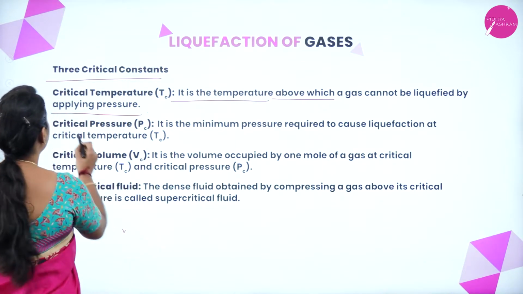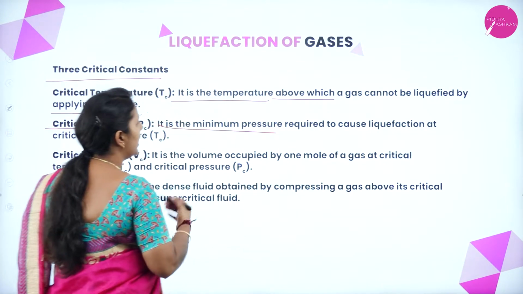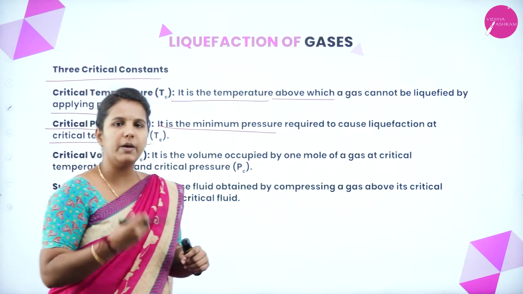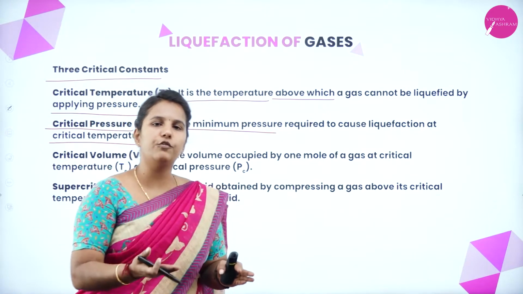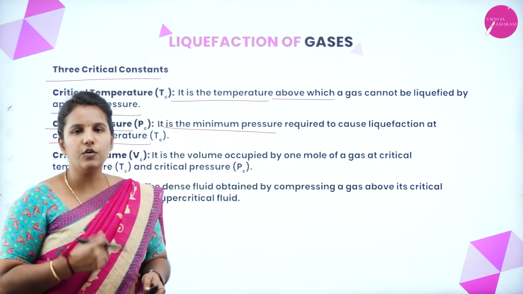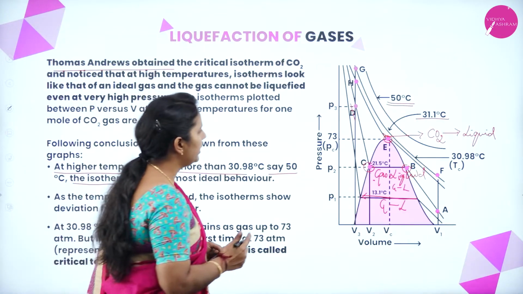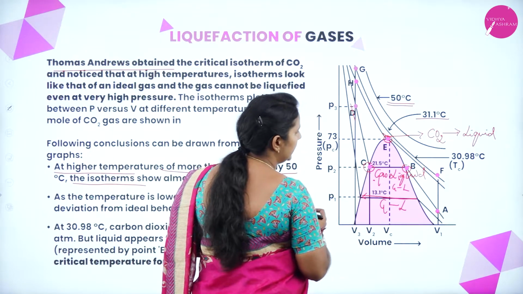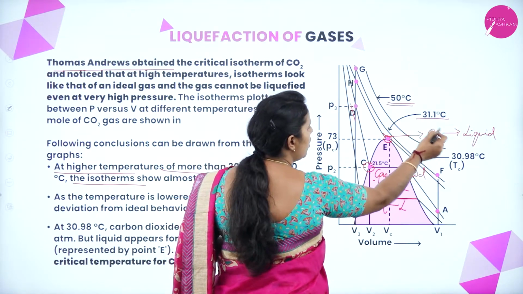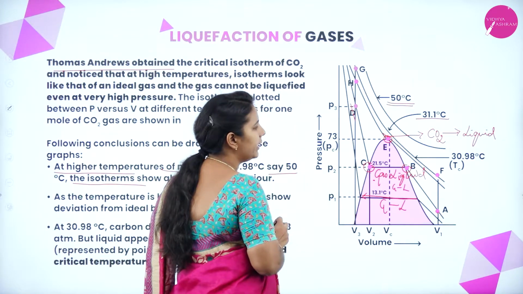Then what is critical pressure? It is the minimum pressure required to cause liquefaction at the critical temperature. It is the minimum pressure required to liquefy the gas into the liquid phase. You can see the critical pressure especially at this point, where the temperature is around 30.98. There is a small difference between 31.1 degrees and 30.98.